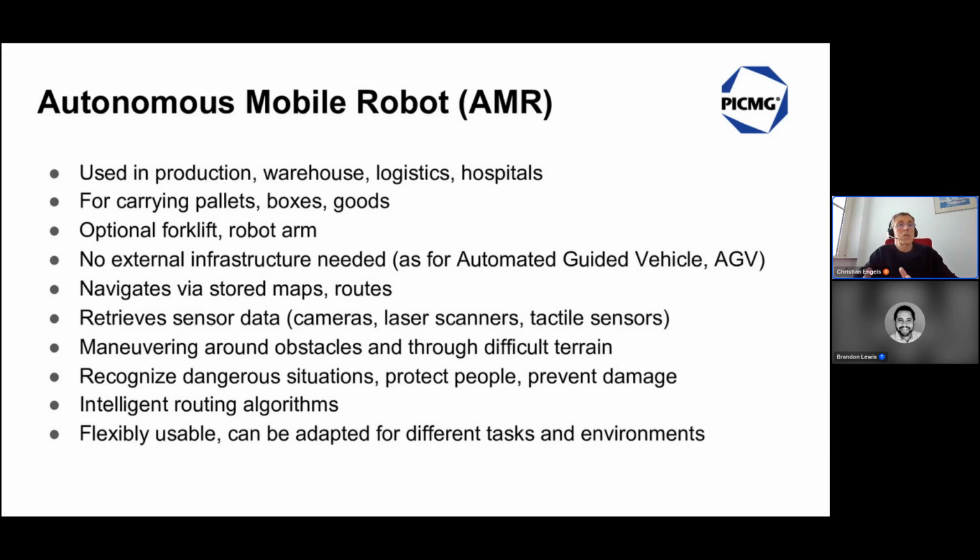So this requires some sort of intelligence on board, either AI-based or some other intelligent routing algorithms, and together with the sensor information that actually makes that autonomous functionality available to the machine. And basically, that's not only calling for interfaces, but also for sufficient amount of performance in order to accomplish the task.